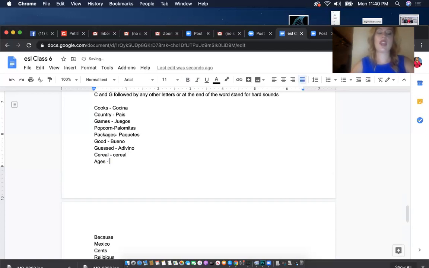Ahora, ages puede ser edades, pero también puede ser como hace años.